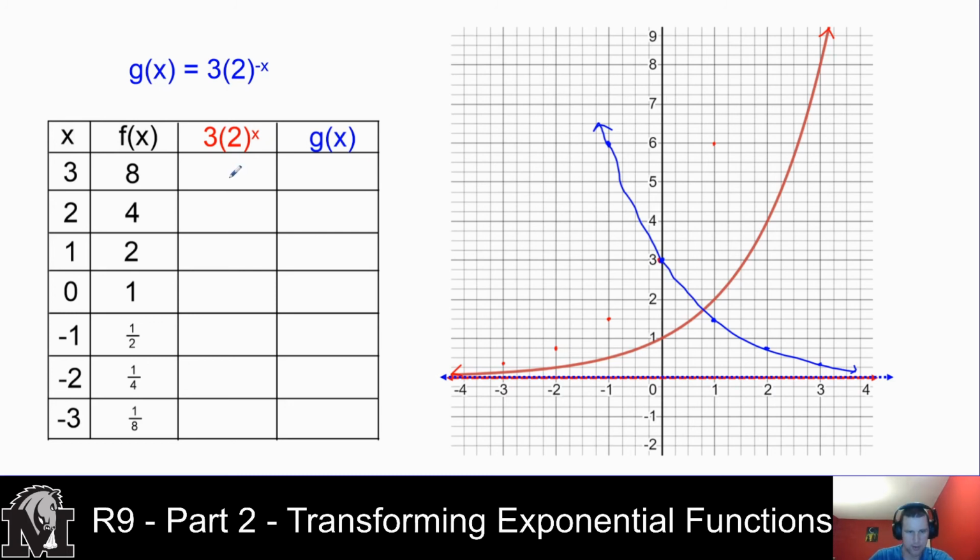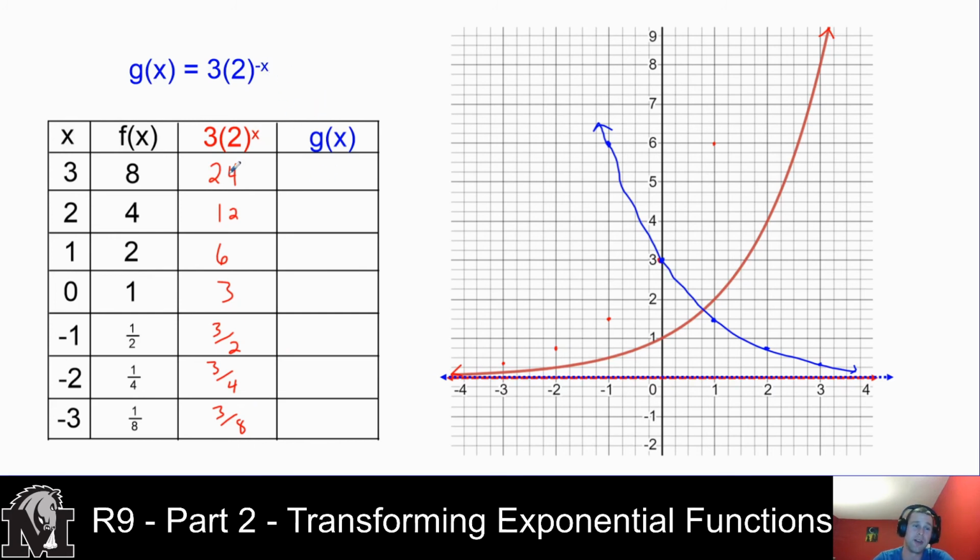Table of values for this one. This is actually the same as our first graph. So 3 times 2 to the power x. Multiplying all these by 3, so we get 24, 12, 6, 3, 3 halves, 3/4, 3/8. Then we end up reflecting everything in the y-axis.